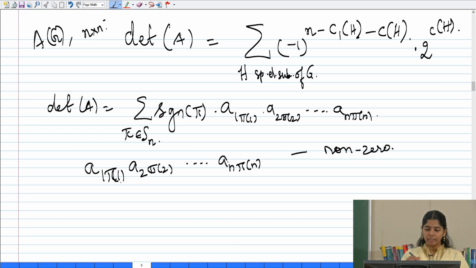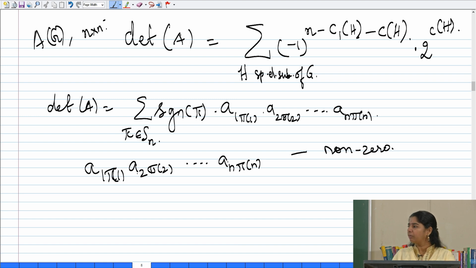That means this permutation takes into account all the edges that are possible, a_1 pi(1), a_2 pi(2) and so on, for this one particular term. I may also have a cycle, which is also possible.